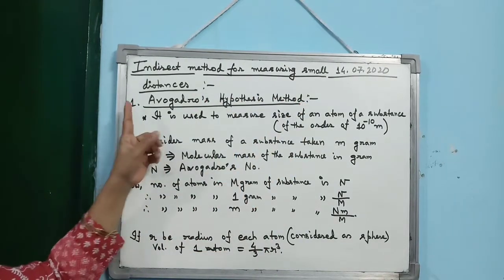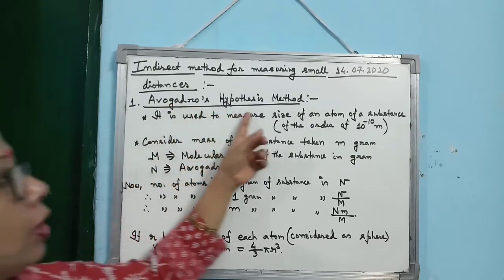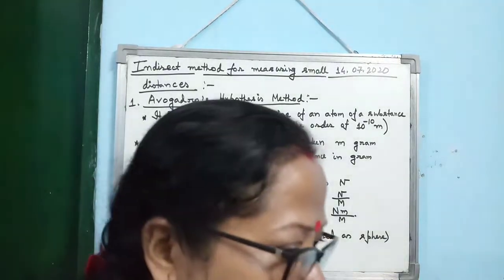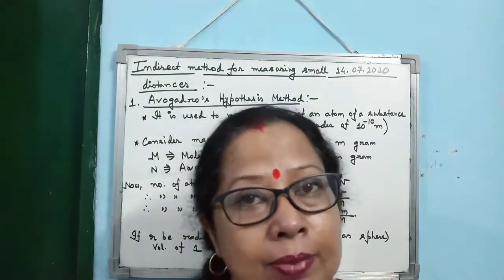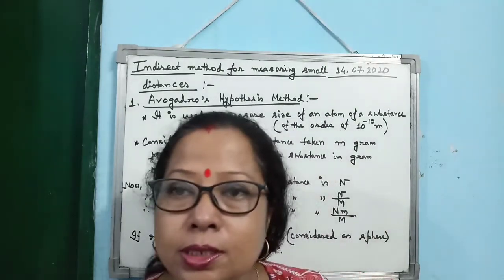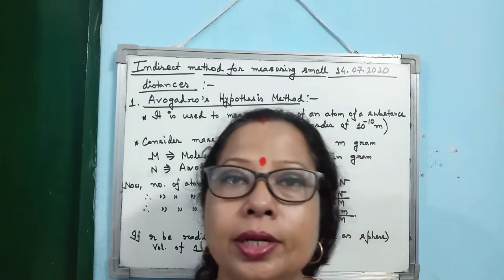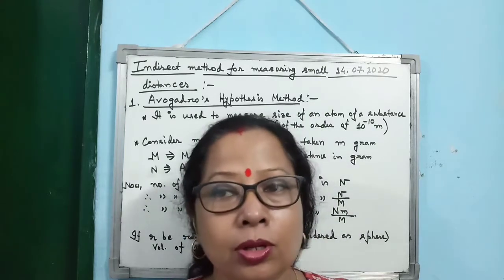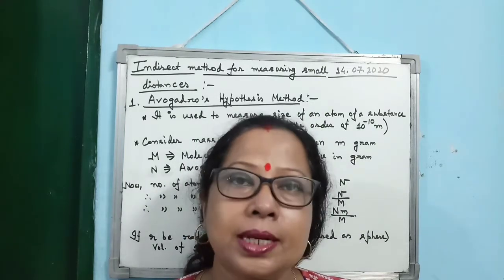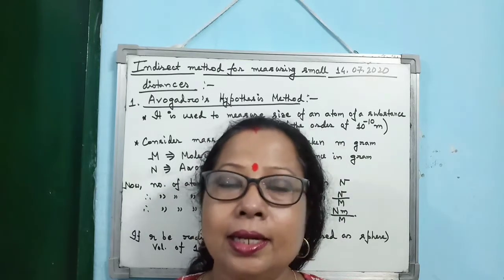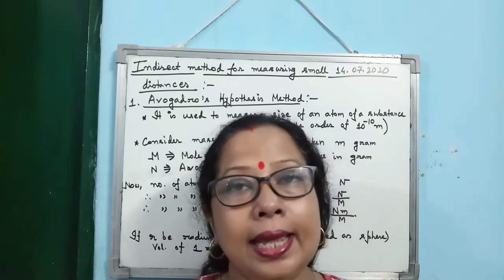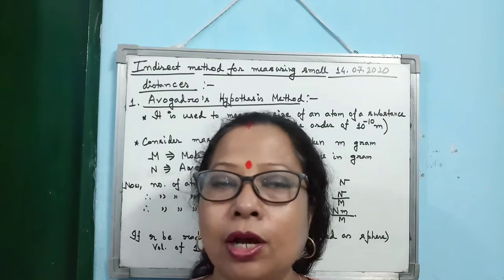Now the first indirect method is known as the Avogadro hypothesis method. Before starting the method, I must say something about the Avogadro hypothesis. What is the Avogadro hypothesis? According to the Avogadro hypothesis, if you take any substance of molecular weight, then it always contains capital N number of atoms.